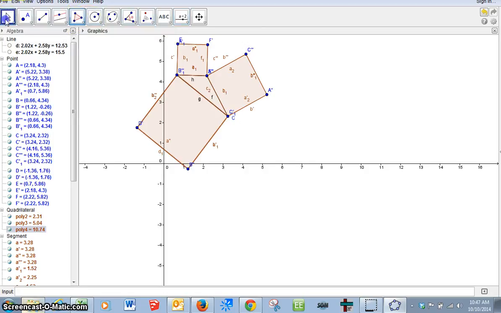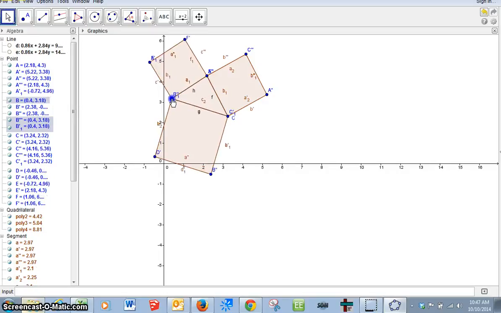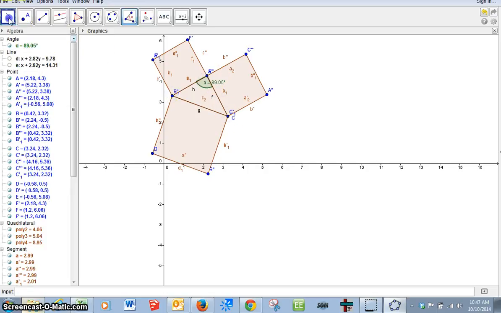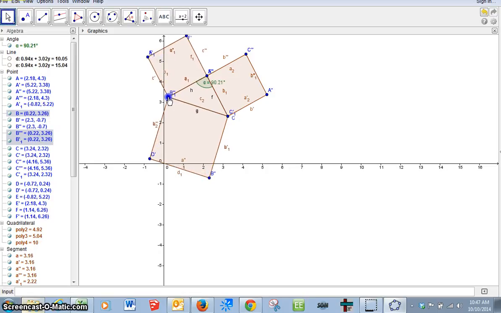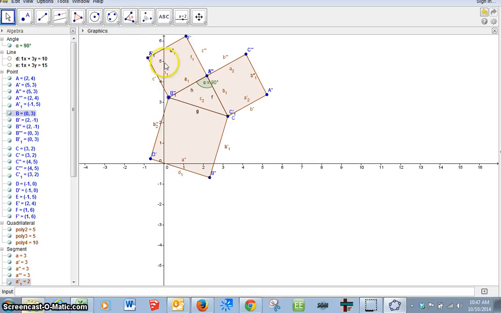We won't call them legs until they are in a position where there is a right angle. So let's get an angle measure in here. And I'm going to go to the rounding tool and go to 0 decimal places.